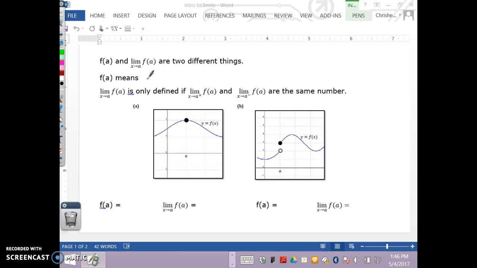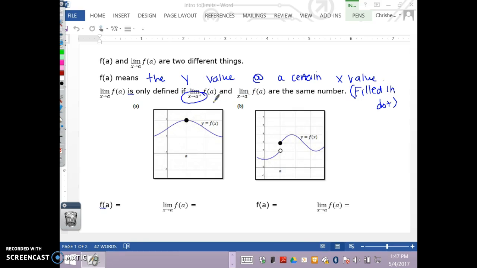f of a actually means the y value at a certain x value. It just actually means the filled in dot. The limit is what you are approaching. And you've got to do the same number from both sides.